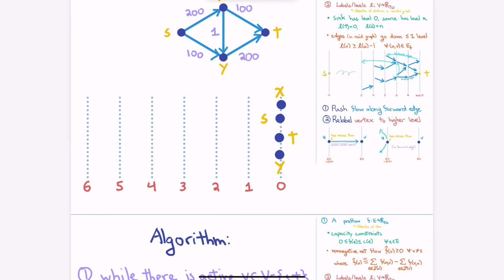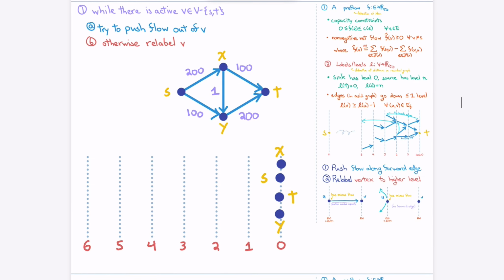Okay, so there are 4 dots for the 4 vertices, all at level 0. And the first step of the algorithm is to push things up to level n and push as much flow as possible.